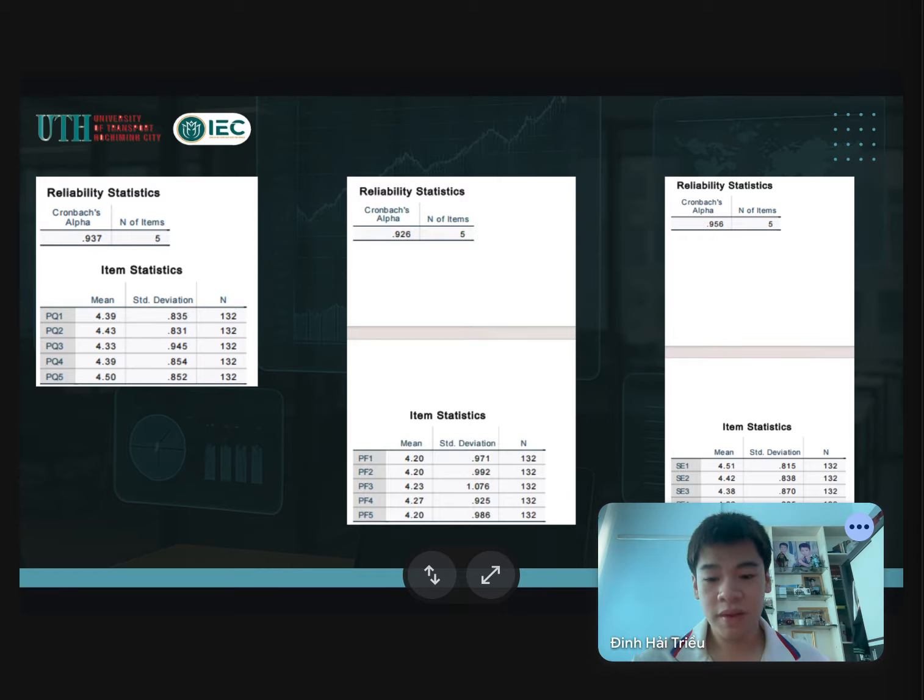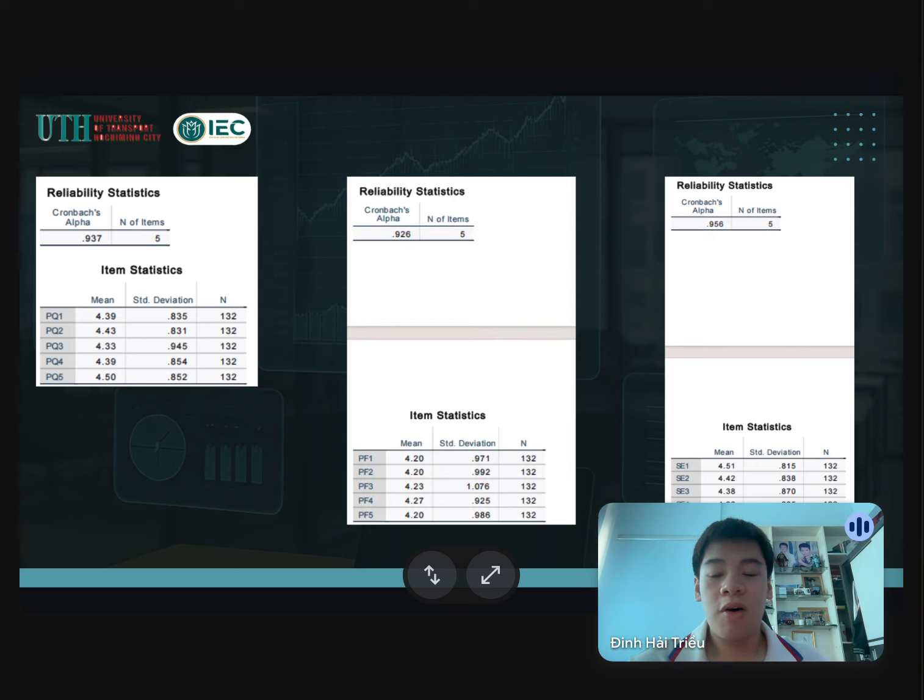Simply put, it tells us whether the questions designed to measure the same concept actually produce consistent responses. Generally speaking, a value above 0.7 is considered acceptable, above 0.8 is considered good, and above 0.9 indicates excellent reliability.